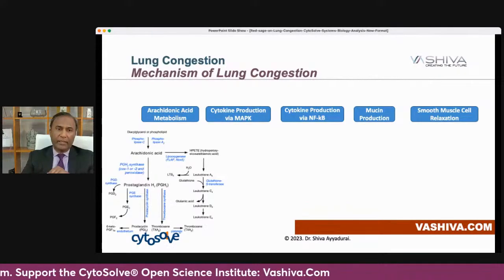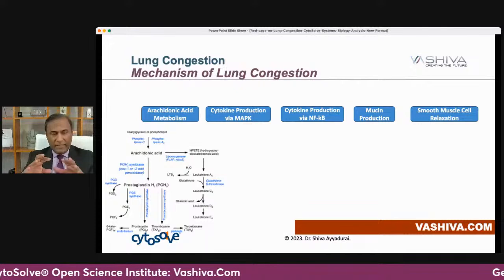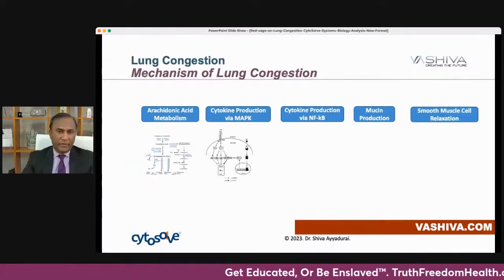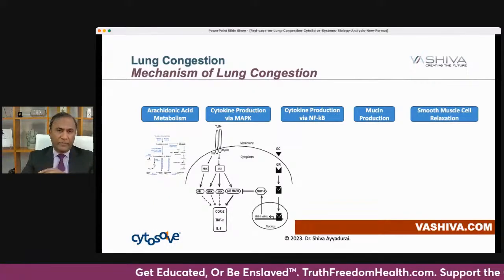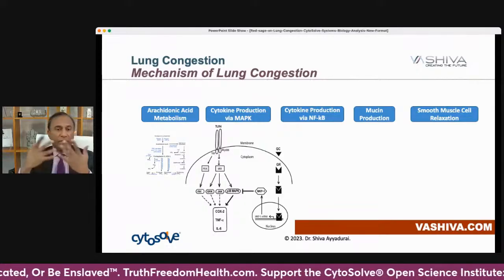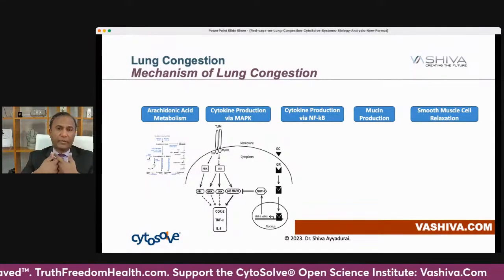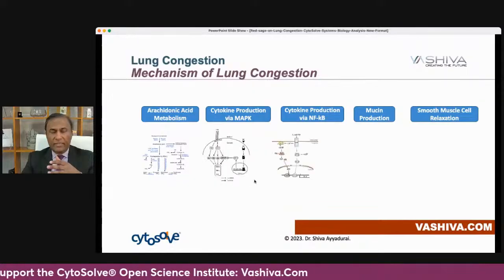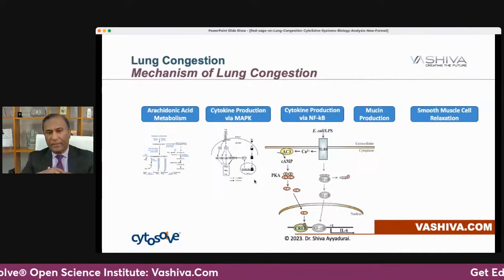So arachidonic metabolism, again, you see that it involves a chemical called arachidonic acid, which affects many other reactions. Your body is just one big chemical factory. Another one is cytokine production via MAPK. As you may have heard, the cytokine storm, cytokines here get produced via MAPK. That's one mechanism. The other is cytokine production via NF-kappa beta.